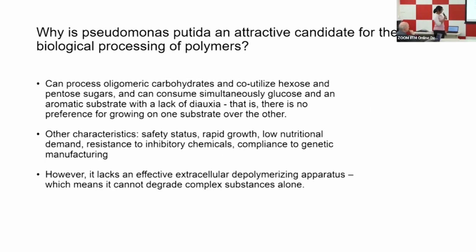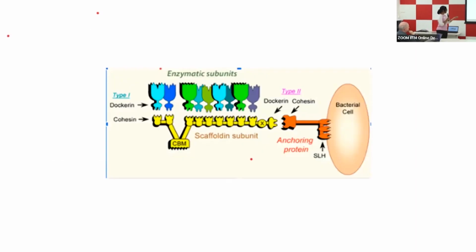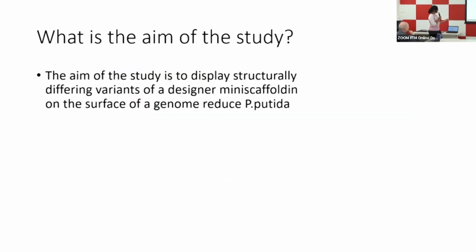However, it lacks an effective extracellular depolymerizing apparatus, which means that it cannot degrade complex substances alone. So our aim in this paper is to display a way for it to get an extracellular apparatus to degrade this carbon matter.